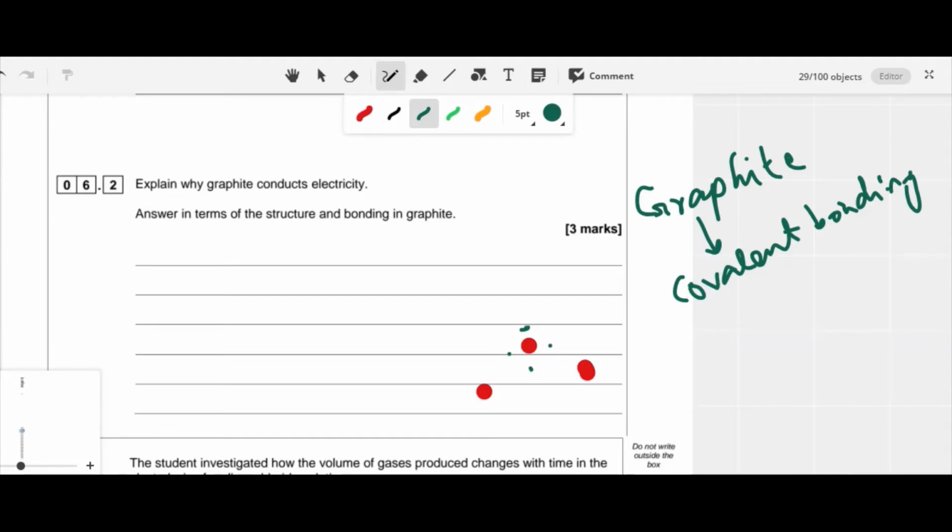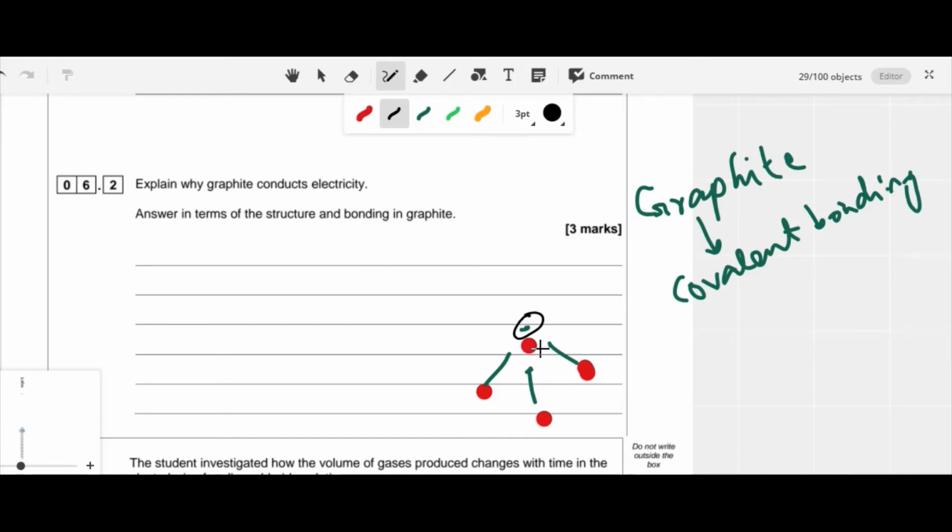But in the graphite structure, each carbon atom forms 3 covalent bonds instead of 4. For example, here is 1 covalent bond, a second covalent bond, and a third covalent bond with other carbons. But 1 electron per carbon atom is delocalized, because the carbon does not make the 4th bond with another carbon.